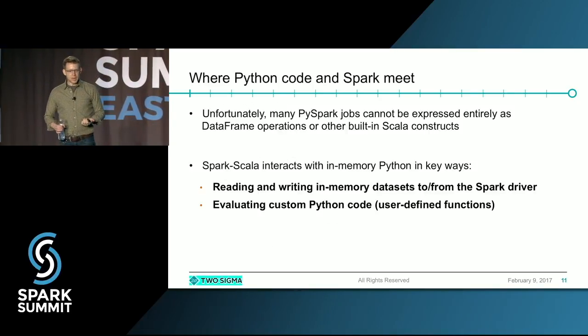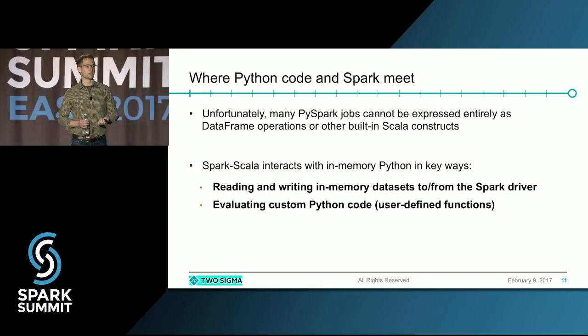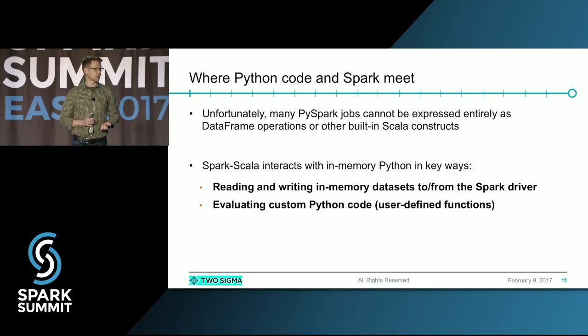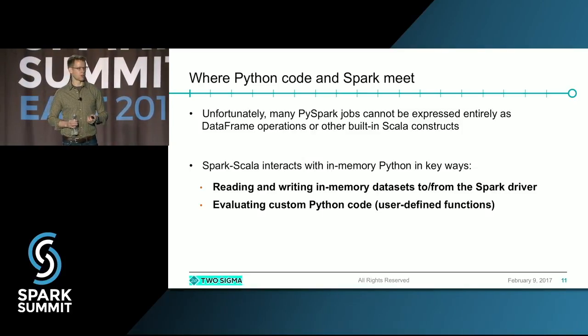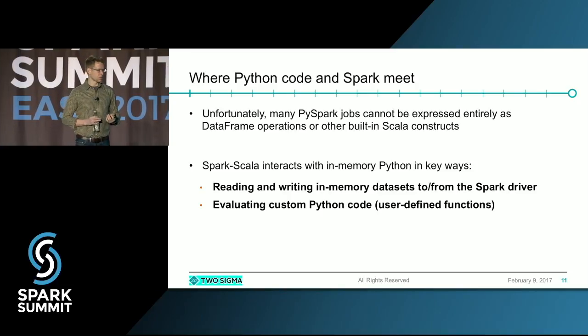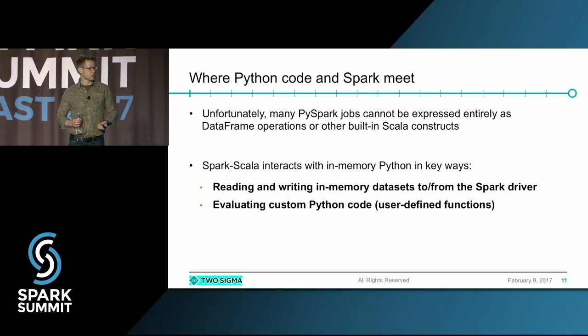So there are many kinds of workloads that cannot be completely translated into SQL, particularly when you have custom extension code in Python, libraries written in Python that are far too complex to be compiled into SQL, or that make assumptions about the residency of the data.